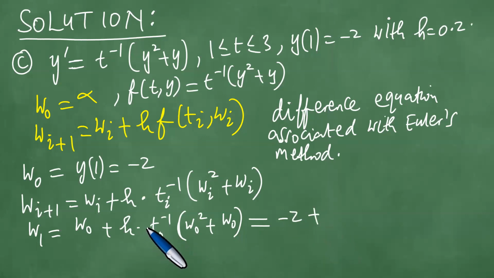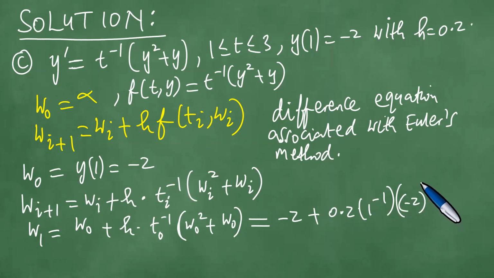Okay, let's look at H. All right, 0.2. What is T0? T0 is 1. So anyway, 1 to the power minus 1, just 1. And then now you have W0, minus 2. What is W0 minus 2?